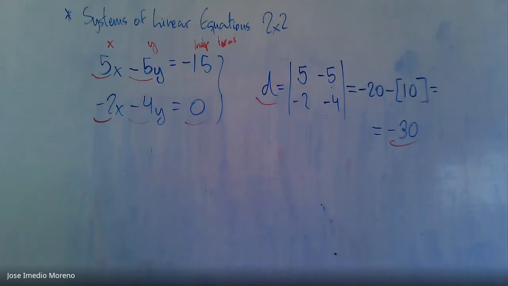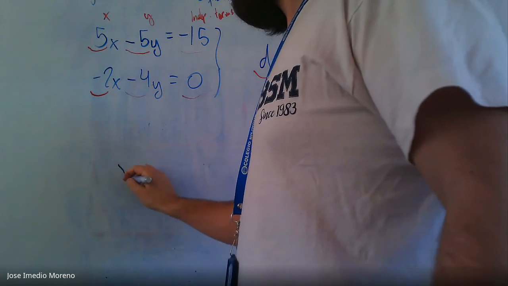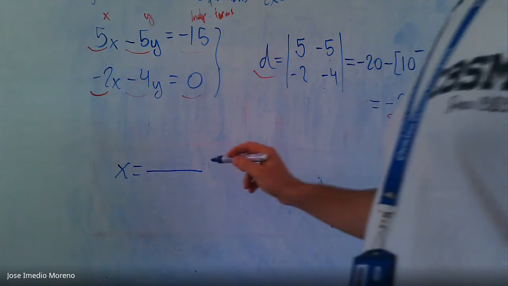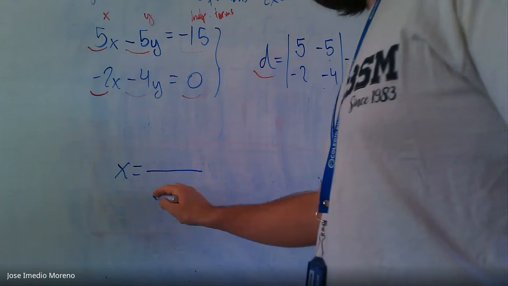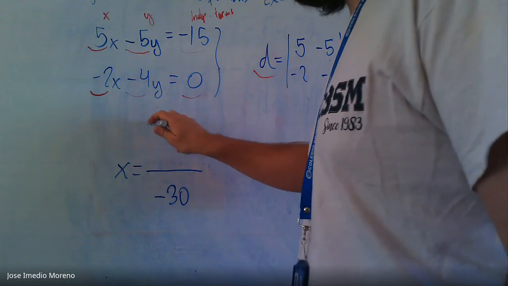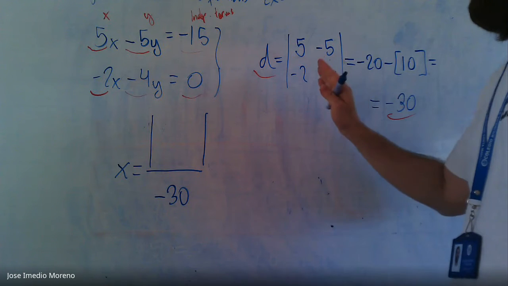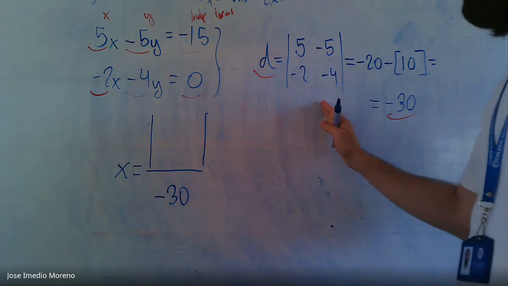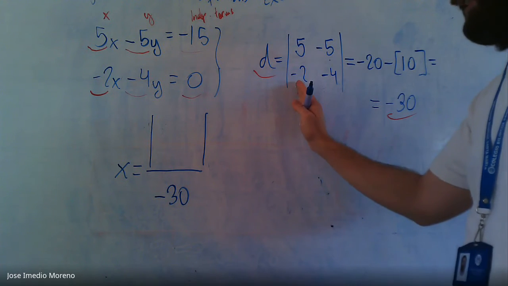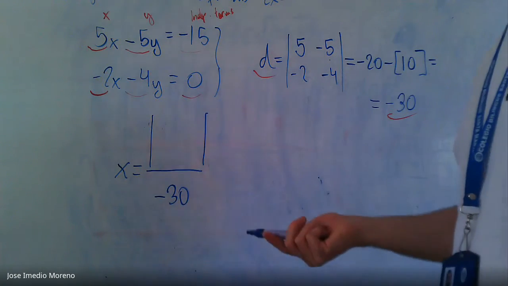Now, in order to find x, x is equal to a fraction which has this value in the denominator, and on the numerator a determinant which is this one, but replacing the column of the coefficients of x. I'm finding x, so I replace the first column. Which values do I use?